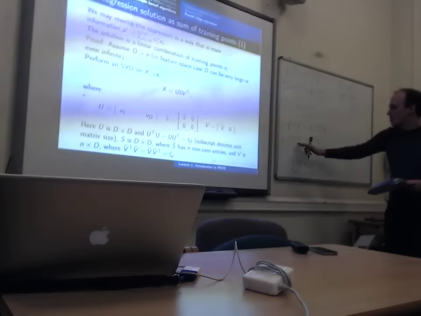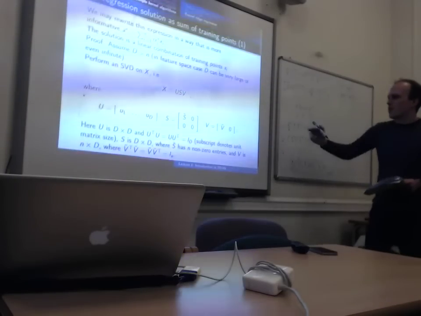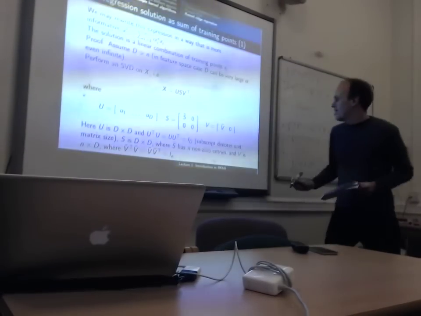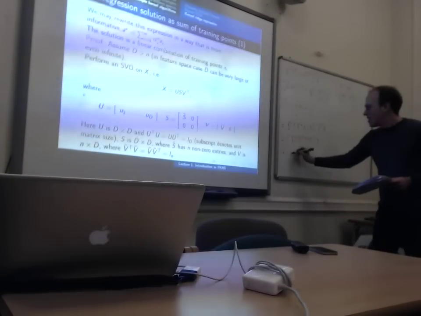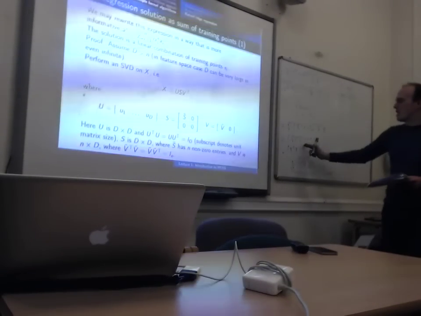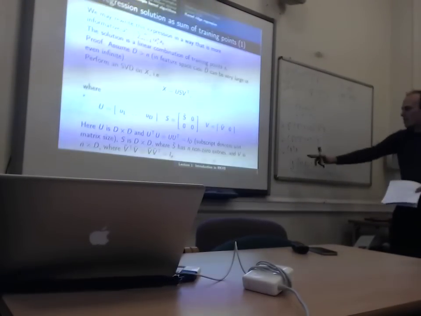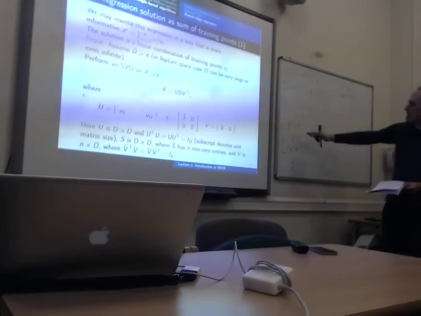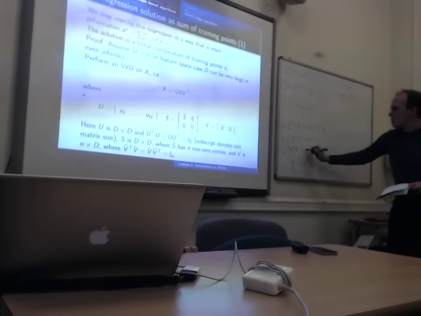Now, what's this? If you just look at this expression here, this is just X transpose X, right? Because you've got V S squared V transpose. So that's just, rather than the outer product, the inner product of X transpose.